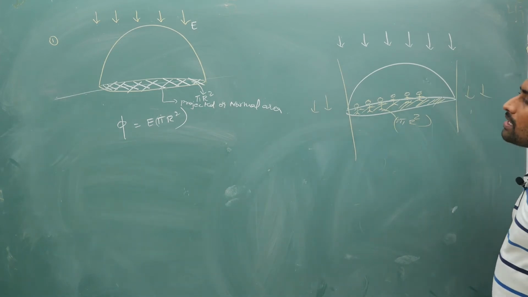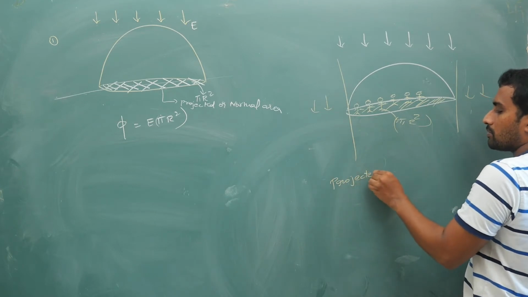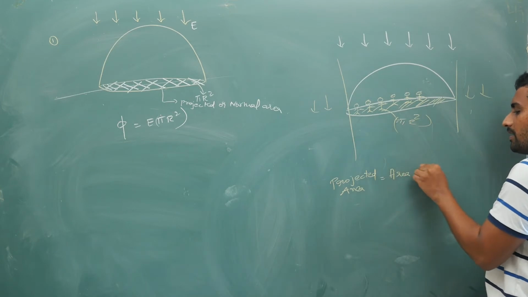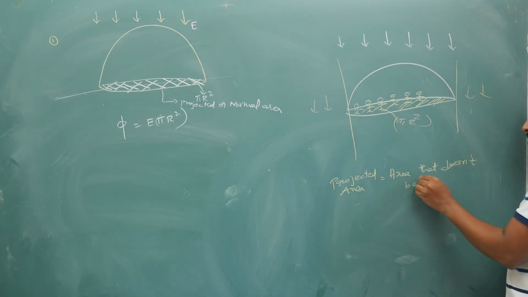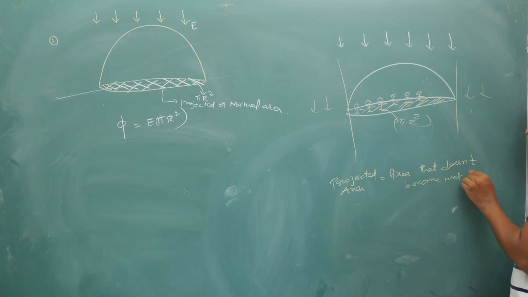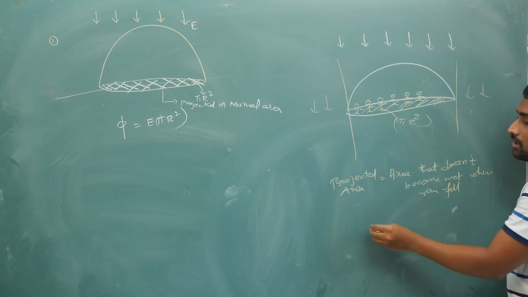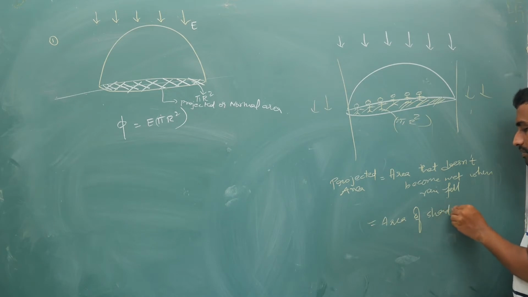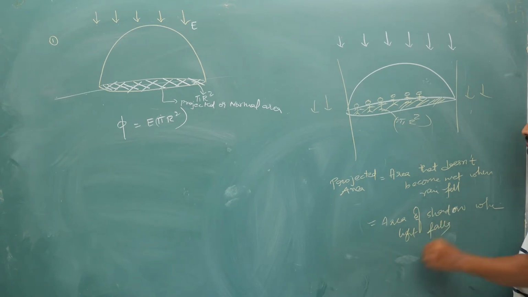So you can assume your projected area to be the area that doesn't become wet when rain falls, or the area of shadow when light falls on that particular object.